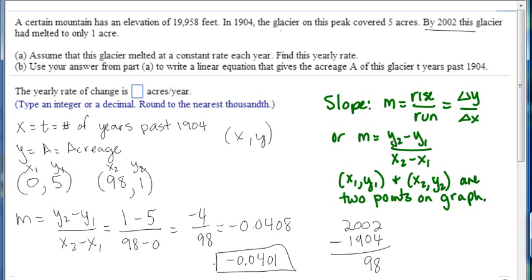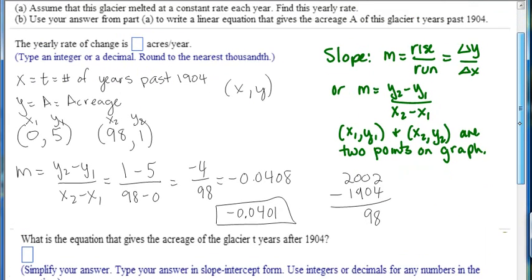Now for part B, it says use your answer from part A to write a linear equation. If you remember, linear equations are lines. This makes sense because we were using a constant rate, and we know that all lines have a constant rate or a constant slope. So what is the formula for a linear equation?